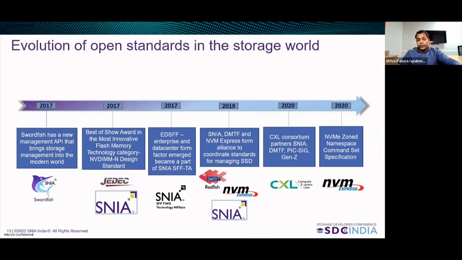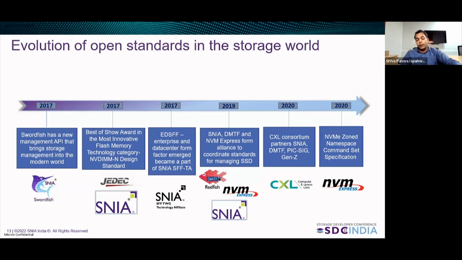Now, in 2020 came a revolution where multiple different organizations realized that they had a common problem where they had to do CPU coherency and they had to somehow remove the DRAM or DDR bottlenecks. So for that, the CXL consortium, along with PCI SIG, Gen Z, and DMTF, came up with CXL 1.0.